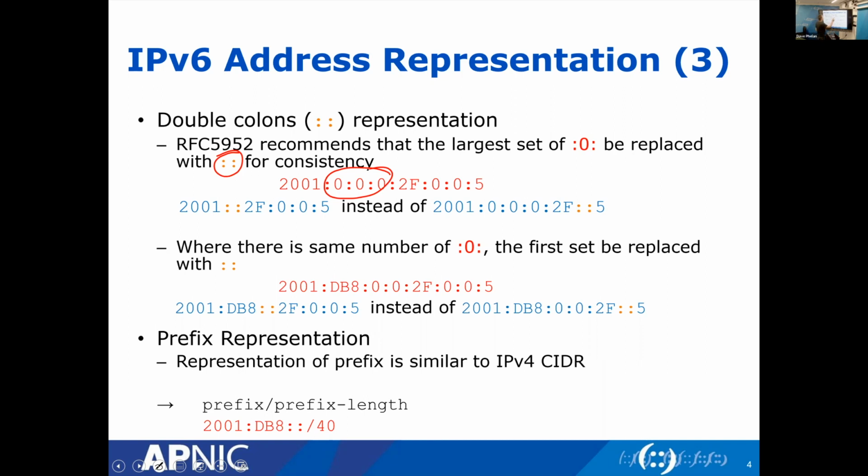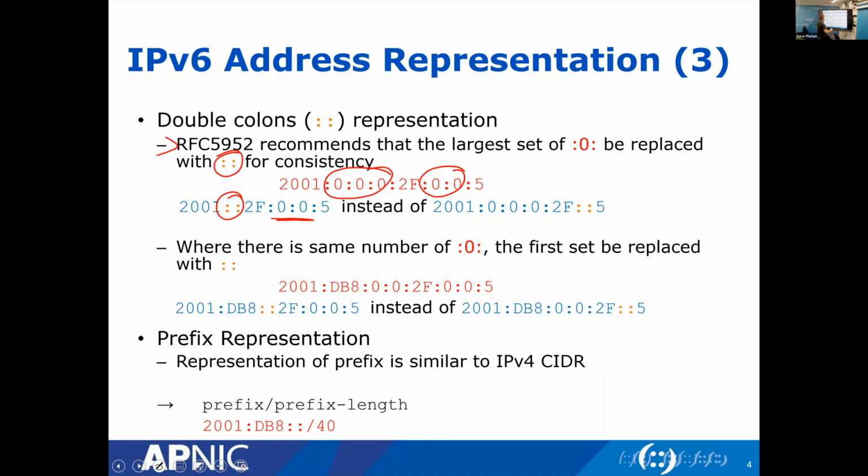So in this one here, we've got three zeros and also a sequence of two zeros. We would replace the first and leave the second set. It makes sense. Get rid of the biggest set, it's less typing. Either will actually work, but from a consistency standpoint and making sure we maintain that RFC compliance, we do that.